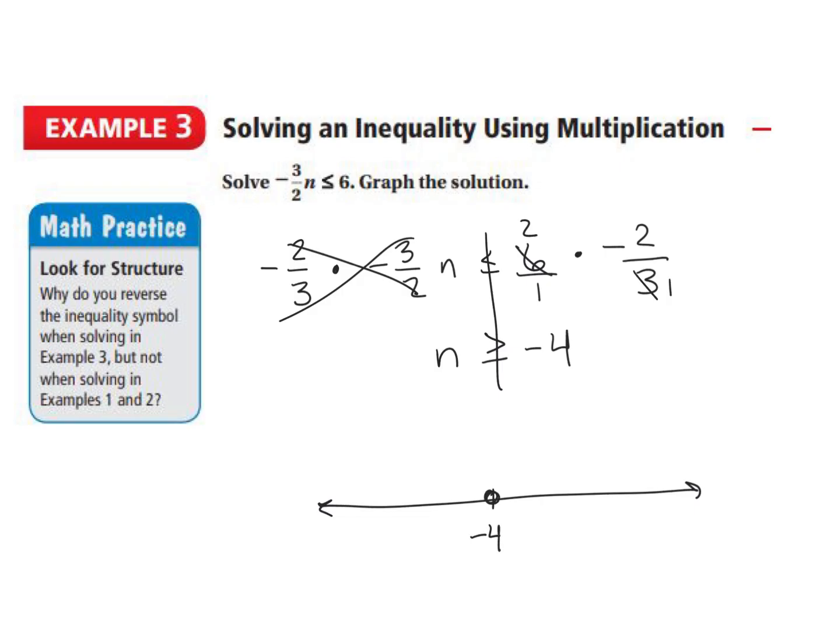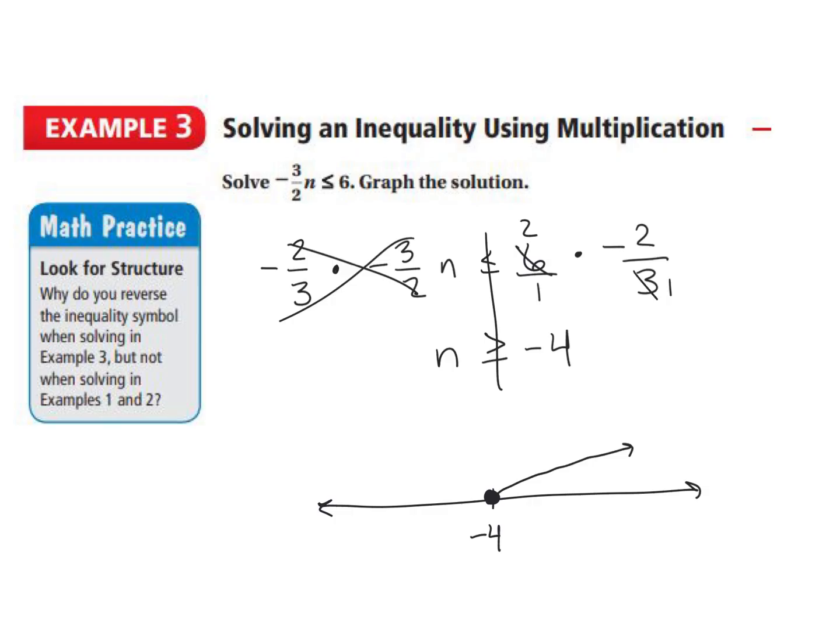I get a closed circle because there's an equal to bar, and I'm using the sign at the end because I've flipped it. And this time I want n to be bigger because my alligator mouth is opening towards that, meaning I'm going to go this way.